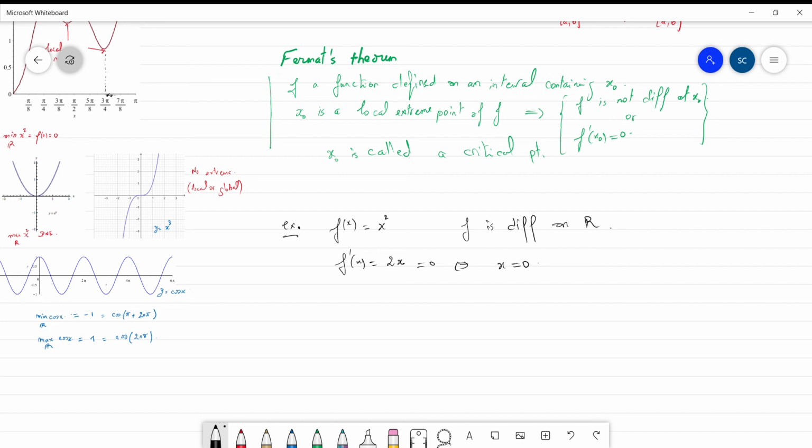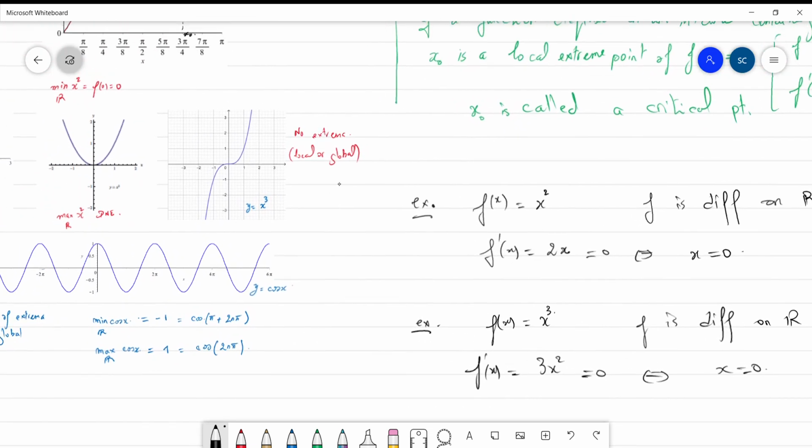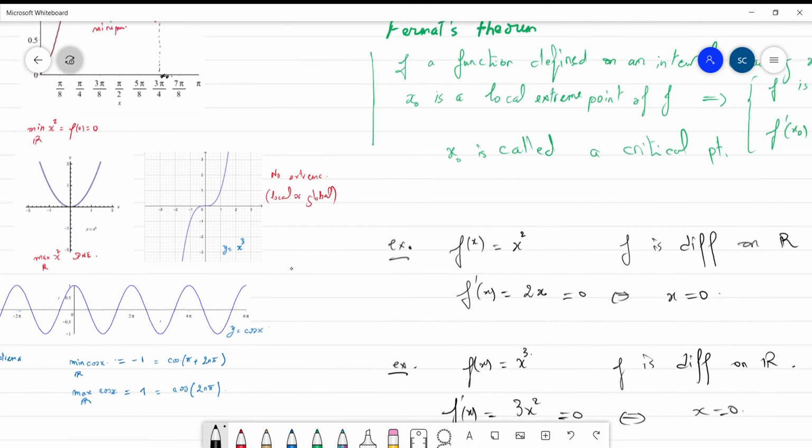Now look at the other example. What if you take f(x) equals x cubed? f also is differentiable everywhere on R. If you take the derivative, it's 3x squared; solving the equation equals 0, you will get again x equals 0. But then here there is a problem. We said there are no extrema for the curve y equals x cubed.